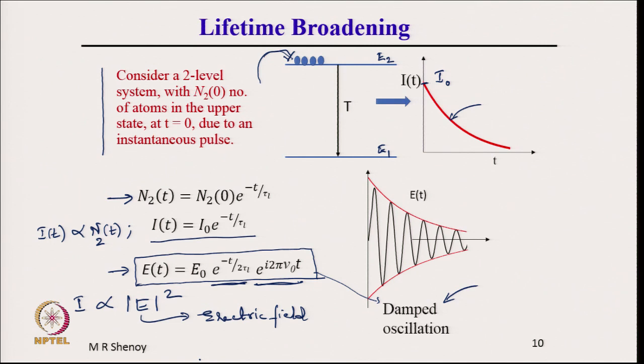But this is an amplitude modulated electric field, and therefore there must be a finite spectrum associated with an amplitude modulated carrier. If nu 0 was the carrier frequency, and it is amplitude modulated, there would be a finite spectrum associated with this. And how do we find out the spectrum associated with this?